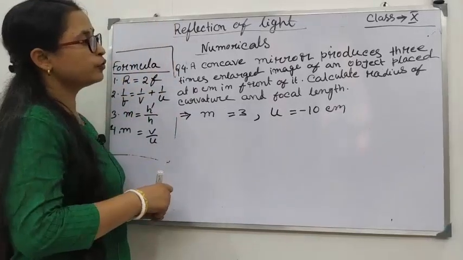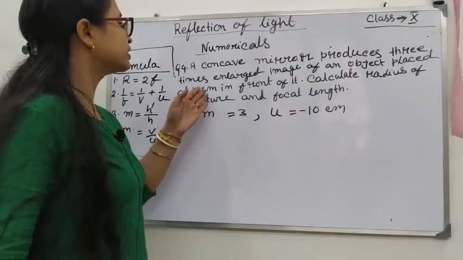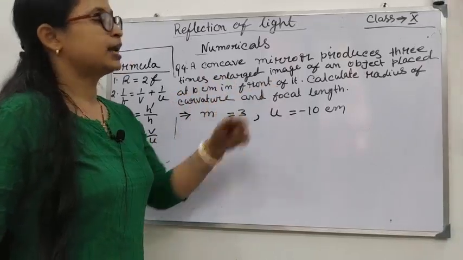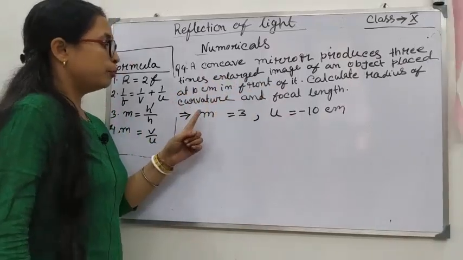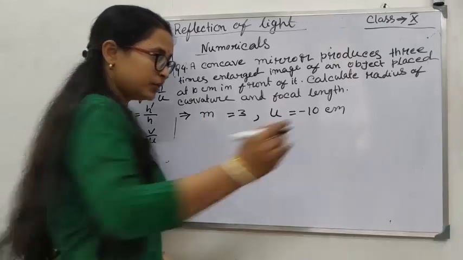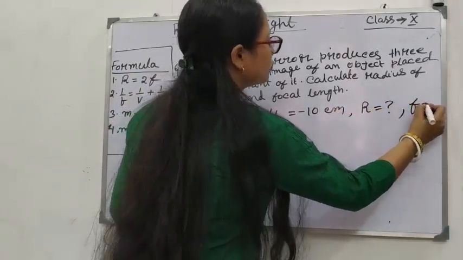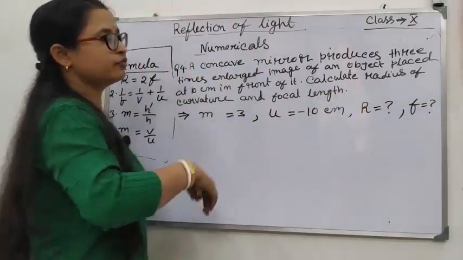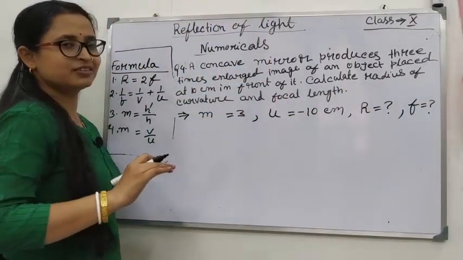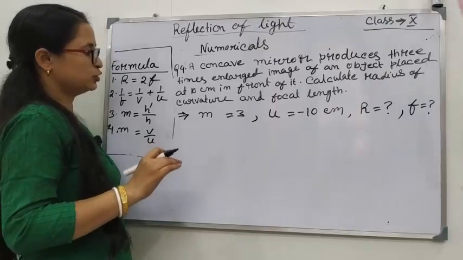Now you have to calculate the radius of curvature as well as focal length. So radius of curvature means r you have to find and also f you have to find. If you find f, then easily you can find the value of r. So let us do it.